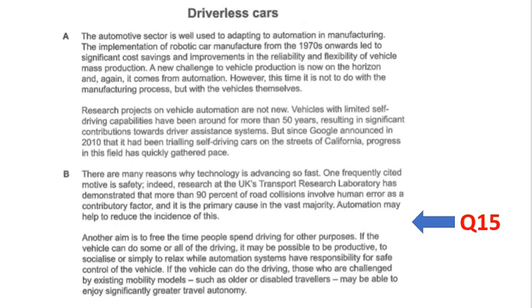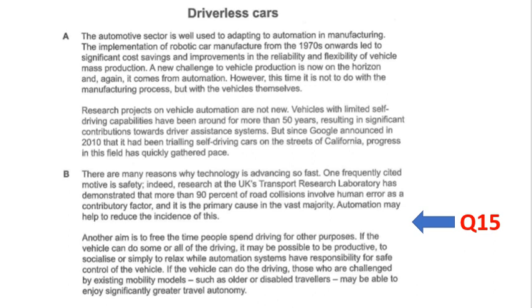So let's look into paragraph A and see if anything matches with what we are looking for. I will read quickly. The automotive sector is well used to adapting to automation in manufacturing. Okay, so they are telling that automation is a common practice in manufacturing.